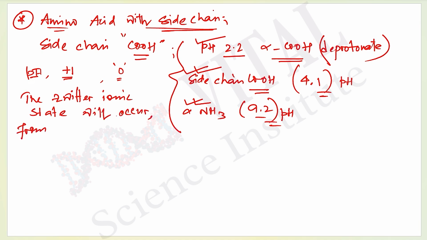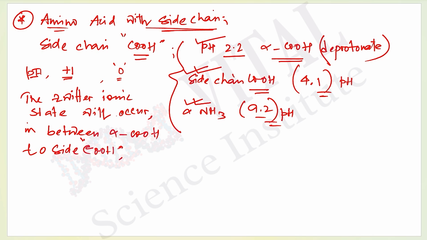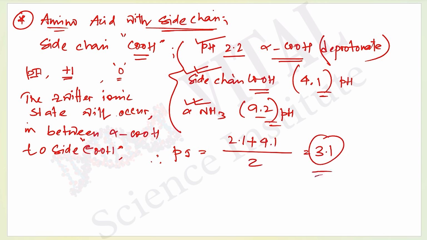So the zwitterionic state will occur in between the alpha carboxyl and the side chain carboxyl. Therefore, the pI for an amino acid containing a side chain carboxyl group should be 2.2 or 2.1 plus 4.1 divided by 2, which comes to 3.1. This is the state where it will become zwitterionic.